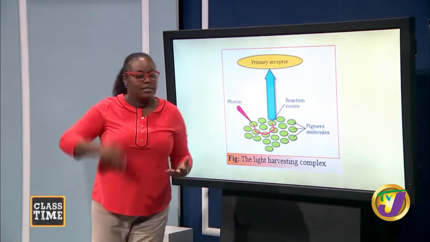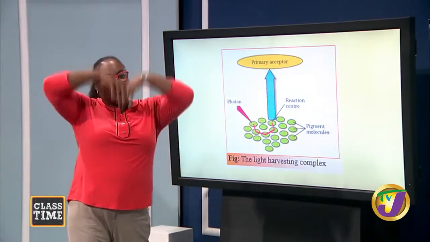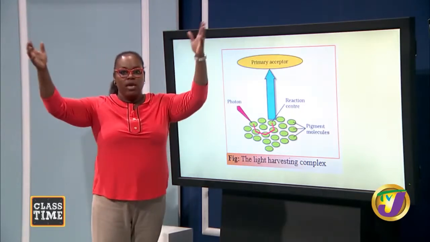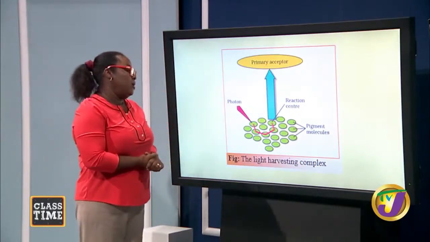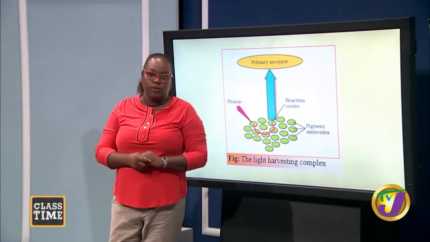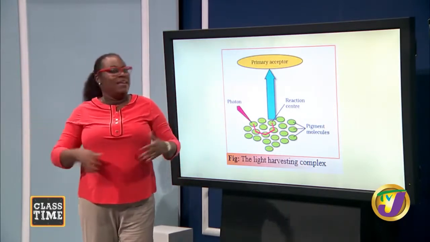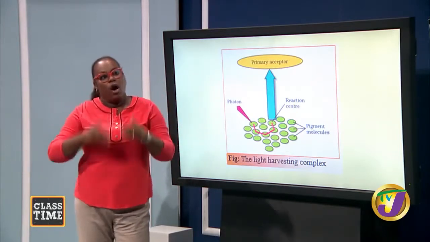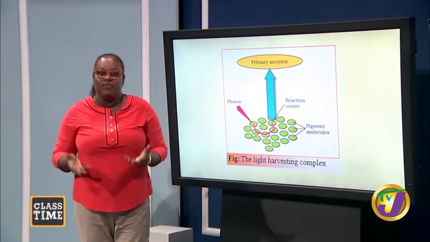Now, when those excited electrons are removed from the chlorophyll molecule at the reaction center, they have one of 2 options. One, because everything that goes up must come down, right? But how they come down makes the difference.